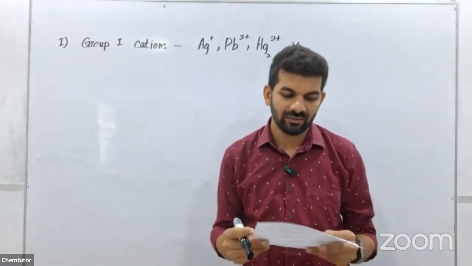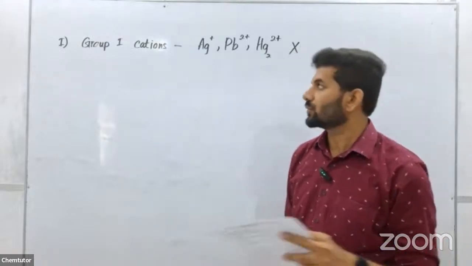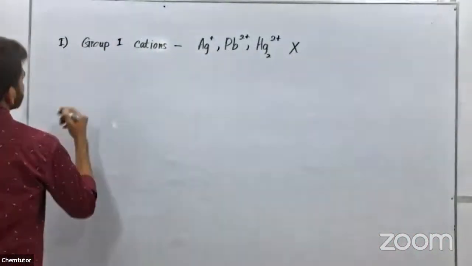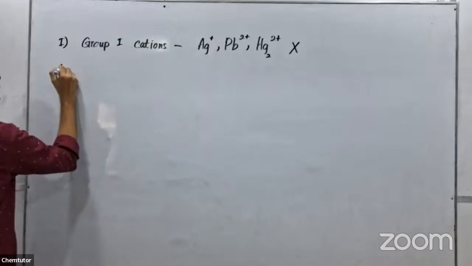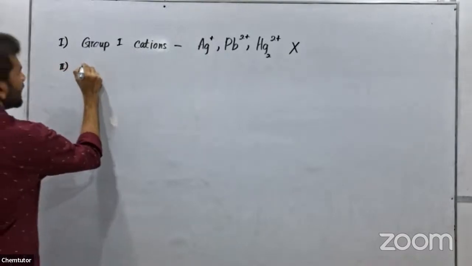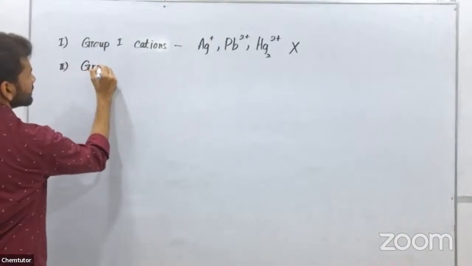Right. So then for the second one we can explain that the group 2 cations are not present in the solution.